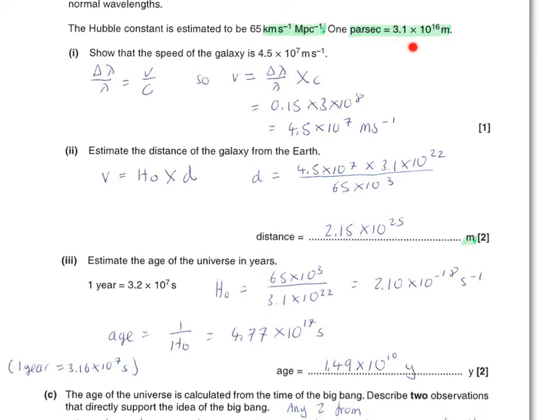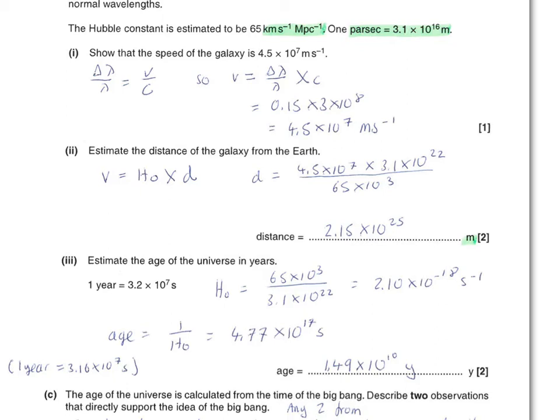So on the bottom line, we multiply by 3.1 times 10 to the power 22. The 10 to the 22 is simply 10 to the 16 multiplied by 10 to the 6 because of the mega. So those are the figures that we have here in the part above, but because we were dividing by Hubble constant, they are the other way up. That leads us to the answer of 2.15 times 10 to the 25 meters.